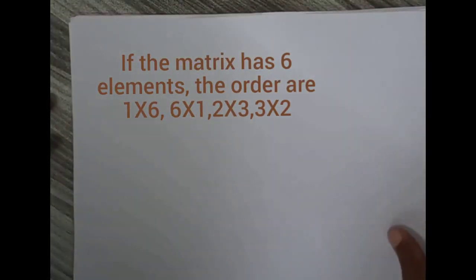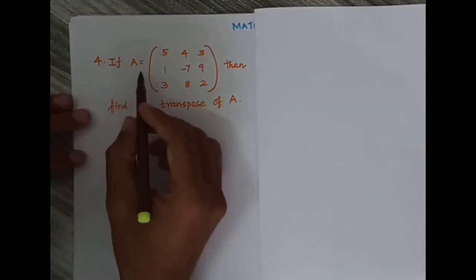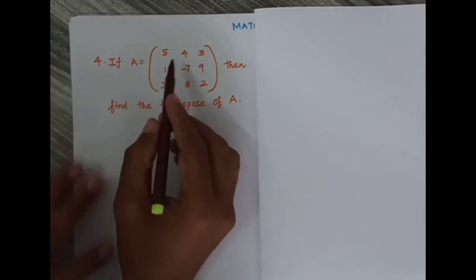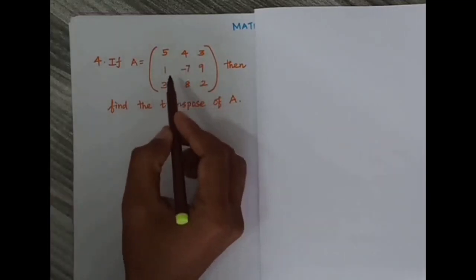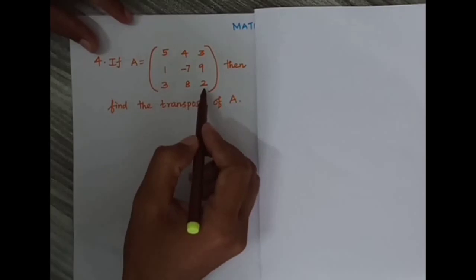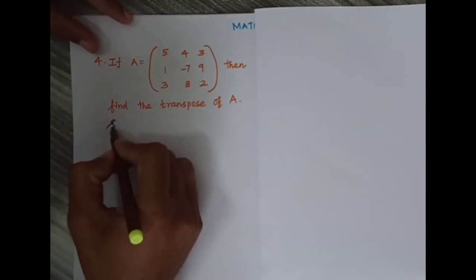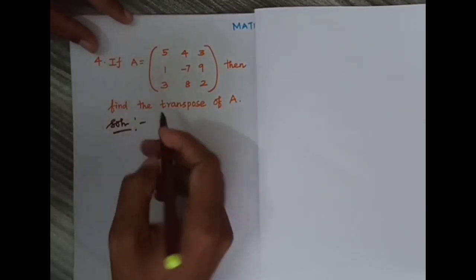Now we'll go to the next problem. If A matrix has 5, 4, 3, 1, minus 7, 9, 3, 8, 2, then find the transpose of A. Solution.